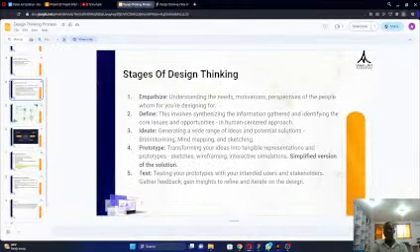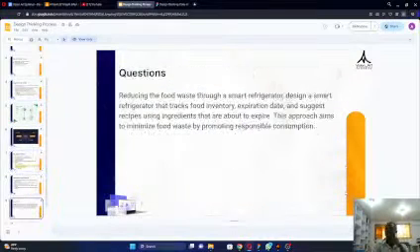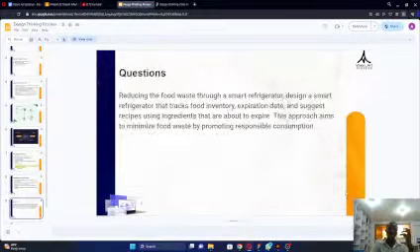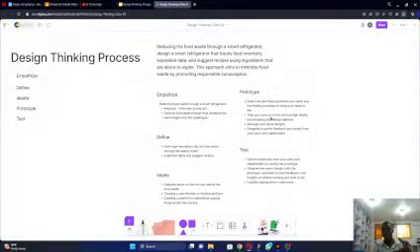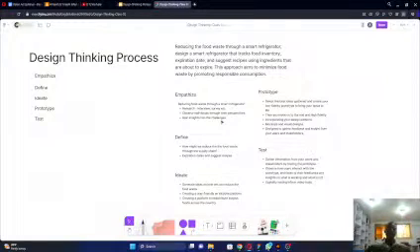So I think I've been able to share more light on how you can solve this problem through design thinking. For this program, this is the topic we'll be discussing. Or if you have any topic or problem in mind that you wish to solve, you can do that too. But I think we can work on this particular problem because people are wasting food nowadays and some are not even seeing anything wrong with it.